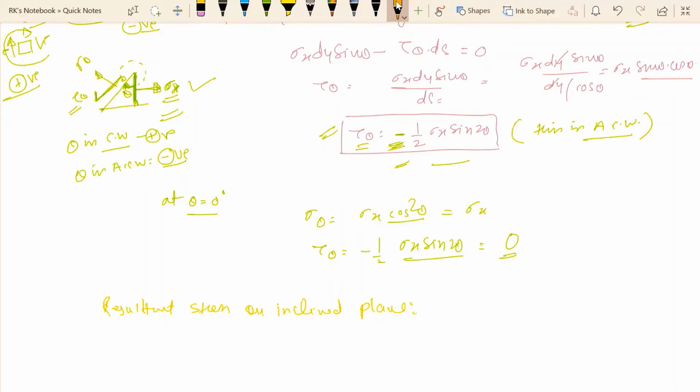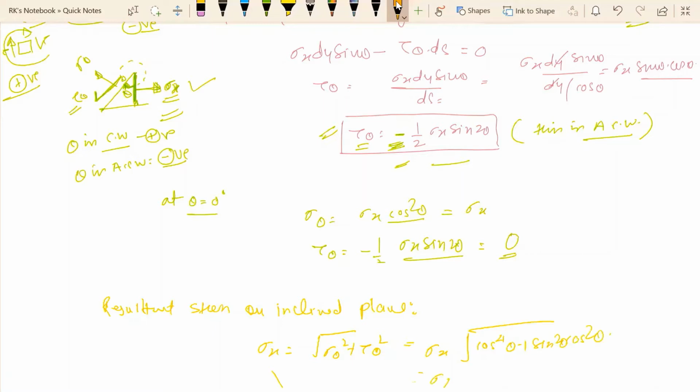If we find the resultant of sigma theta and tau theta, then the resultant stress sigma r is equal to the square root of sigma theta square plus tau theta square. If we put in the values, this becomes sigma x times the square root of cos raised to power 4 theta plus sine square theta cos square theta.